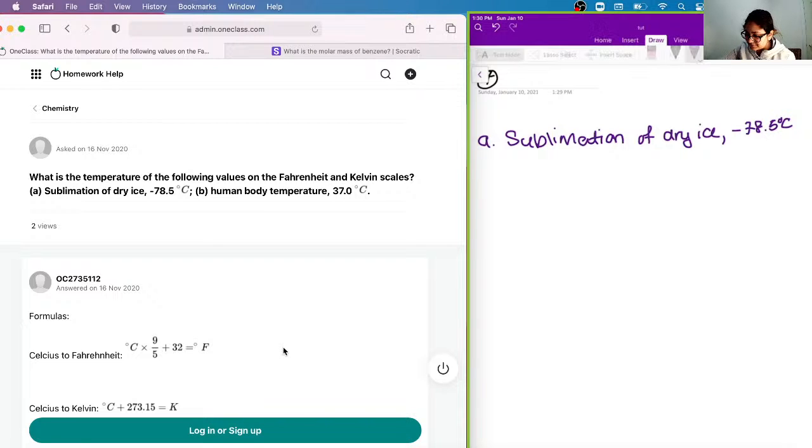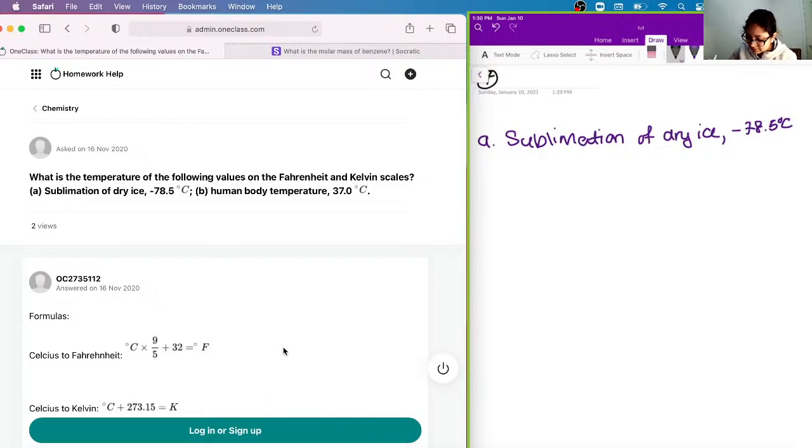Okay, so Celsius to Fahrenheit, right? We need to basically convert Celsius into Fahrenheit, since it wants the following values on the Fahrenheit and Kelvin scales. So we would have to convert Celsius to Fahrenheit and Celsius to Kelvin.